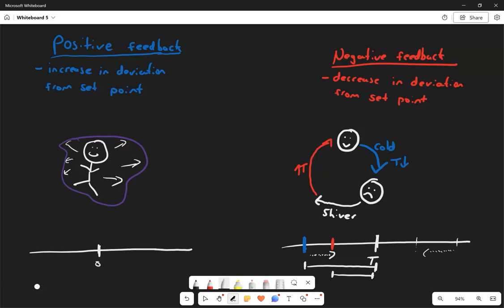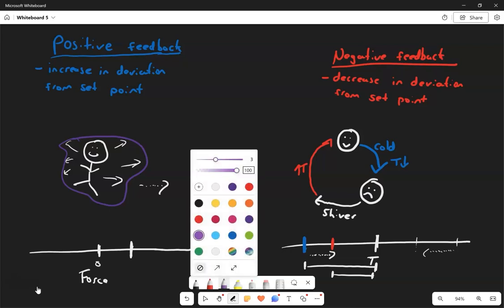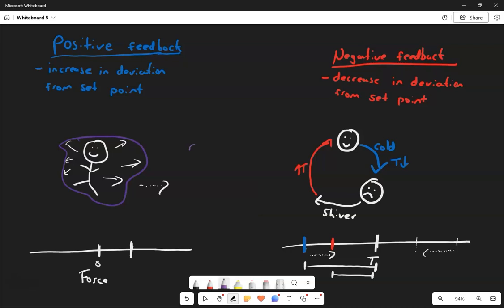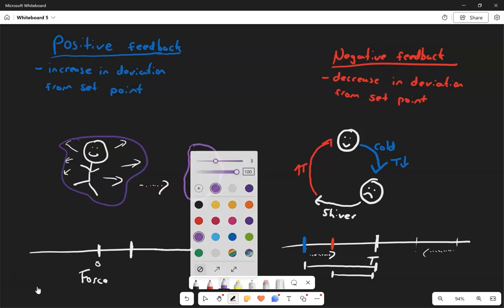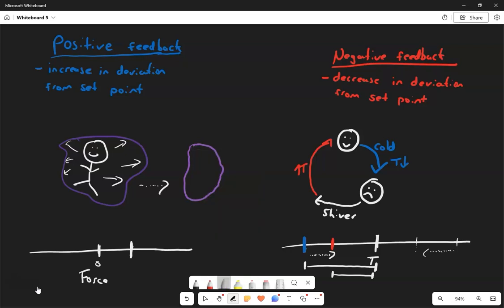And then that baby, as it grows, right, is going to start and it's going to increase the force on that uterine wall. So what's going to happen is a hormone is going to get released. That hormone is known as oxytocin. And what it's going to do is it's going to cause smooth muscle in the uterus to contract, which makes the uterus smaller, right? Or the space inside of the uterus smaller.